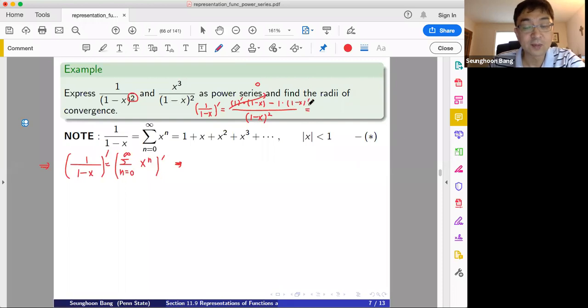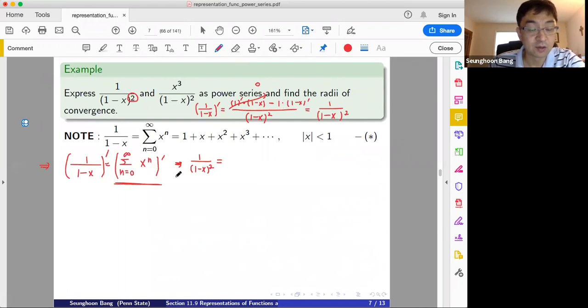The derivative of 1 minus x is negative 1. Negative 1 times negative 1 is positive 1 over 1 minus x squared. So the left-hand side is 1 over 1 minus x squared.